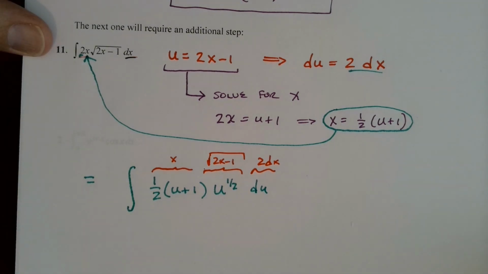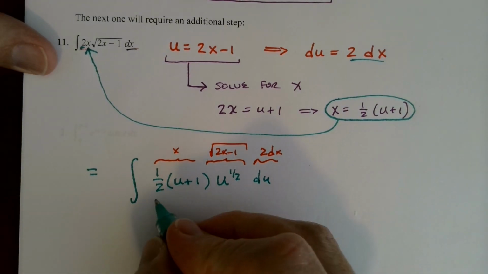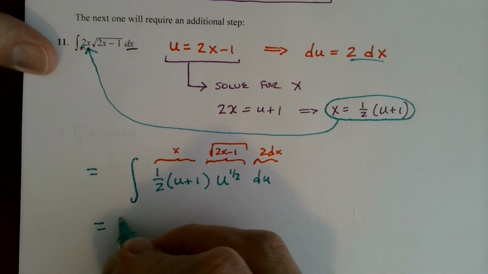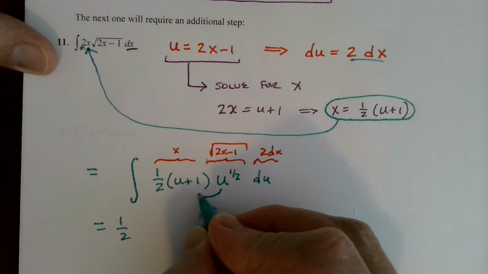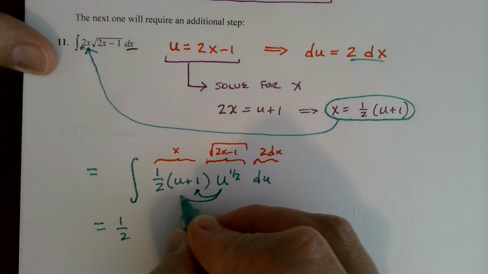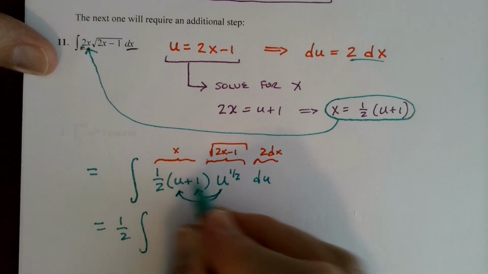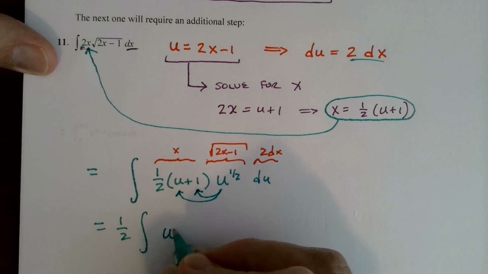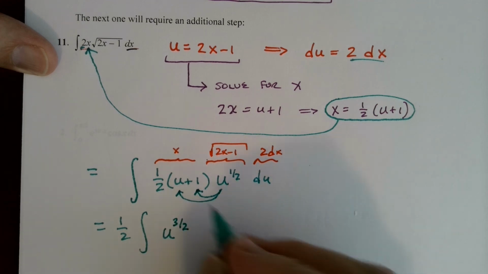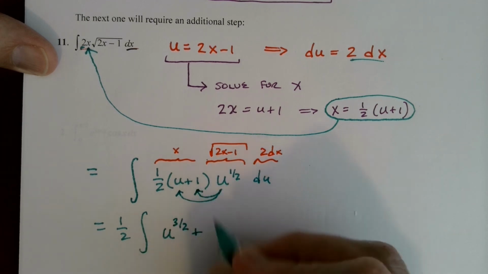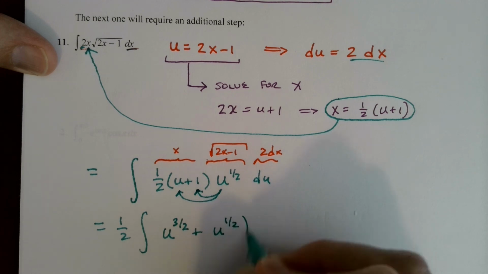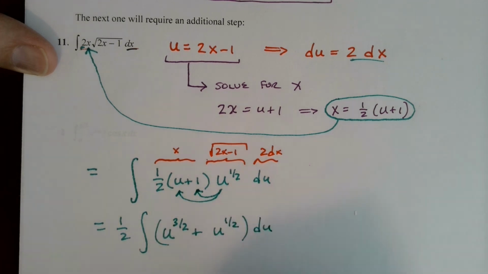So see how everything is covered there? Everything is changed over. All right, let's clean this up a little bit. I'm going to pull the 1/2 out here. I'm also going to distribute here. I need to distribute this u to the 1/2 through. And so I get u to the first times u to the 1/2, add the exponents, u to the 3/2, and plus 1 times u to the 1/2, and then my du.